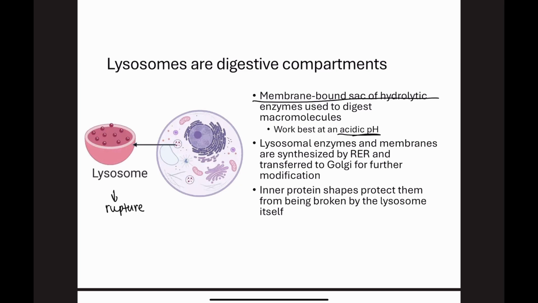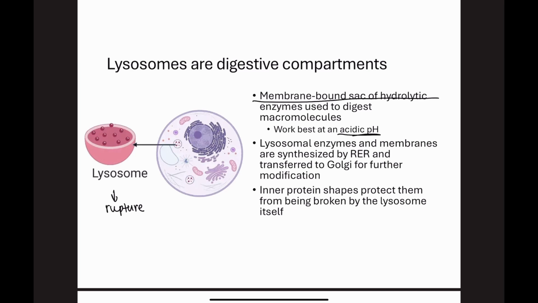And you would think that because they're acidic and they rupture, it's going to mess with the pH of our cell. But that's not true, because if a few lysosomes rupture, their enzymes are going to be mostly inactive at the pH of the cytosol, because the cytosol has a neutral pH. But if we were to have a massive lysosomal rupture, it can actually lead to something called autodigestion, cell autodigestion and destruction.